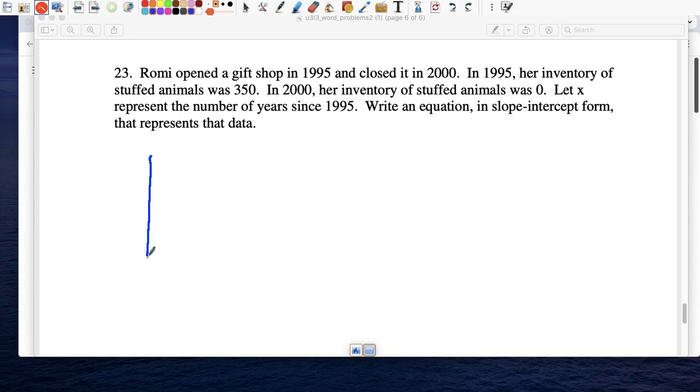So again, the hardest part for me is you knowing that the moment we started, although the year is 1995, on the graph is 0. Time-wise it is time 0. So years. And in 1995, the year the store opened, at 0 in the beginning, she had 350 stuffed animals.